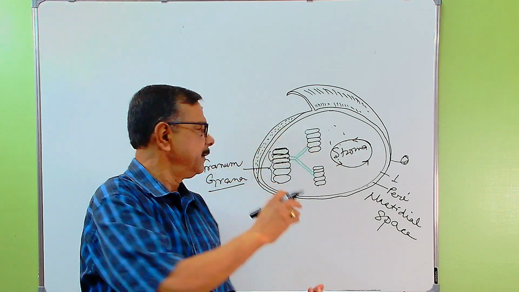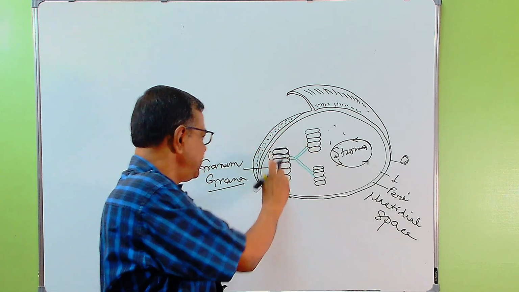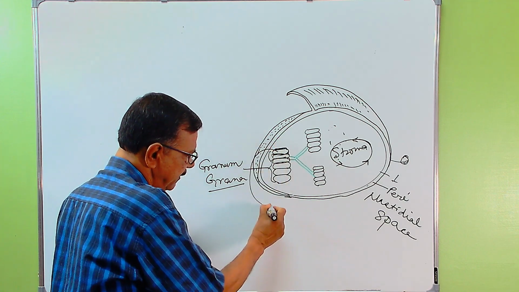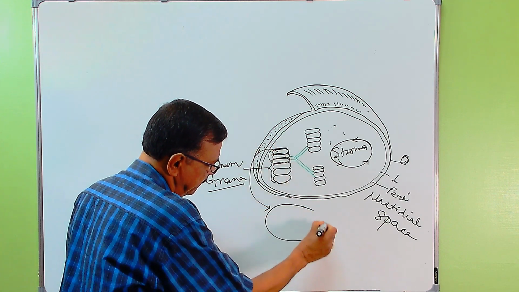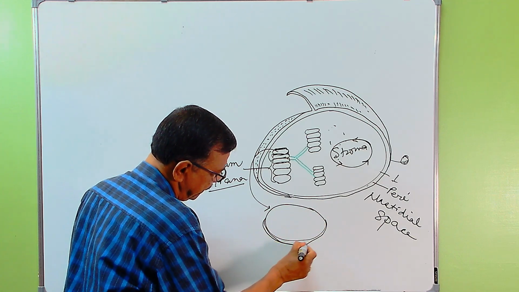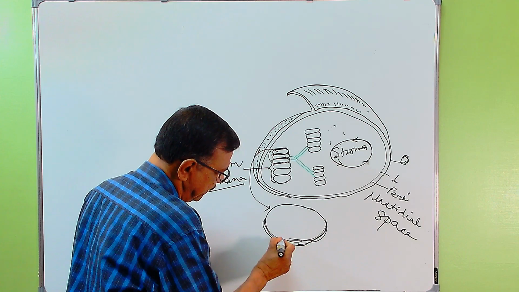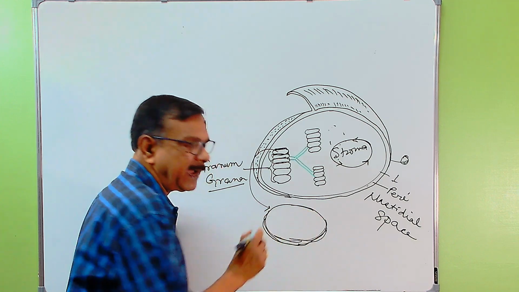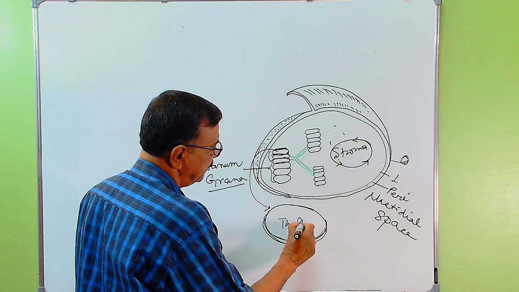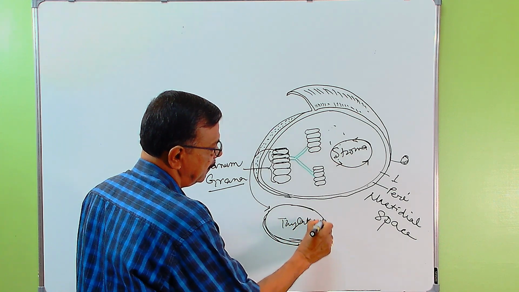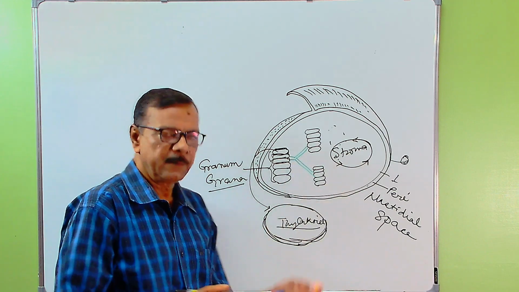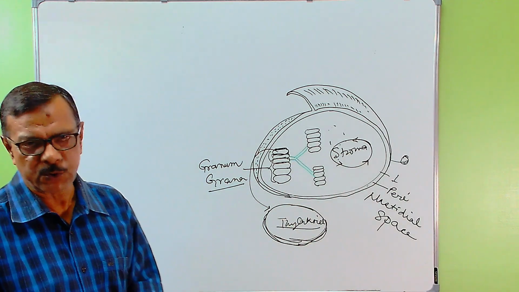This pile is known as granum, and one coin we have taken out. This is known as thylakoid. So within the thylakoid, the reactions go on.